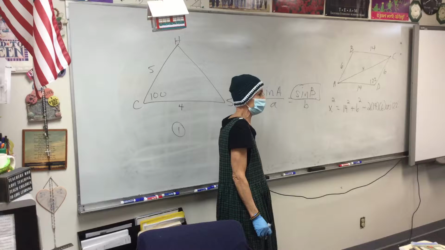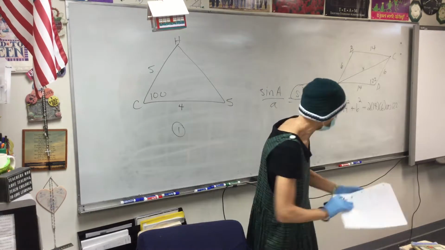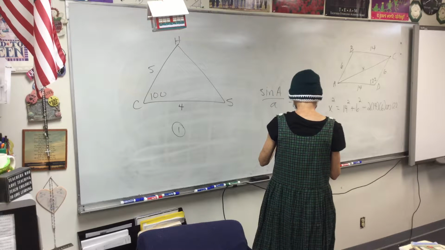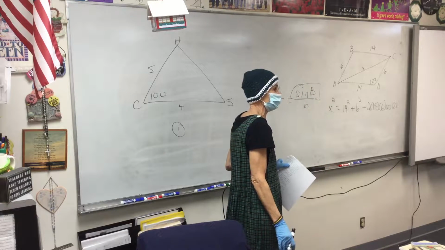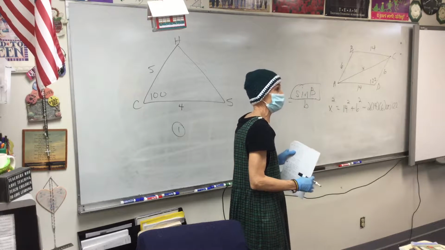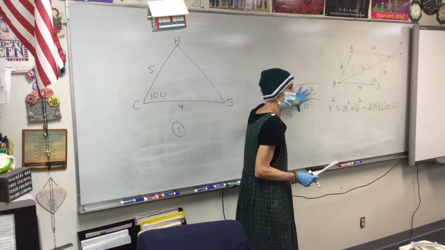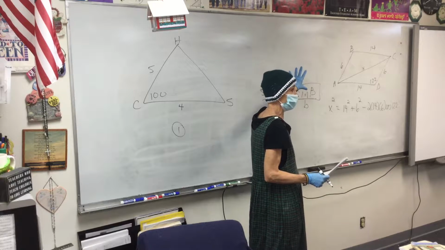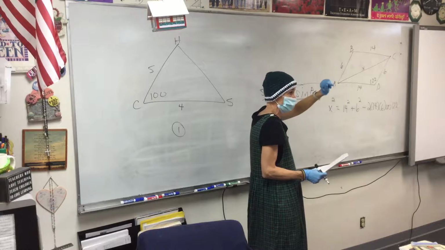Anybody else have something? Yes, Jenna. For 1C, when I typed it into my calculator, I kept getting an error message. And I looked on your work and you had like the 0 with the slash through it. Is that just because it's just not a possible triangle? Yeah, it means there's no triangle possible. Remember, when you have this setup and the variable is here, you could have no triangles, and your calculator will tell you that because it'll give you an error message.